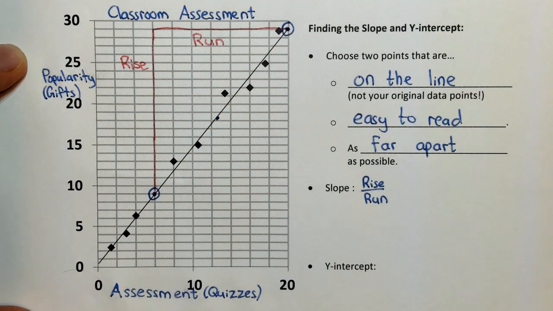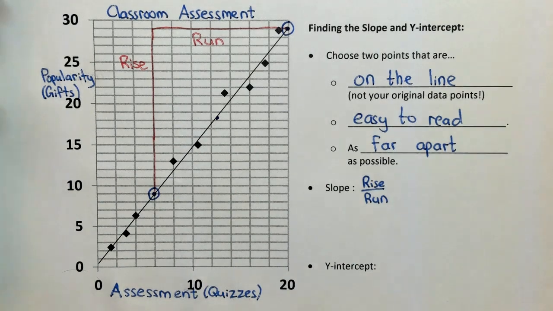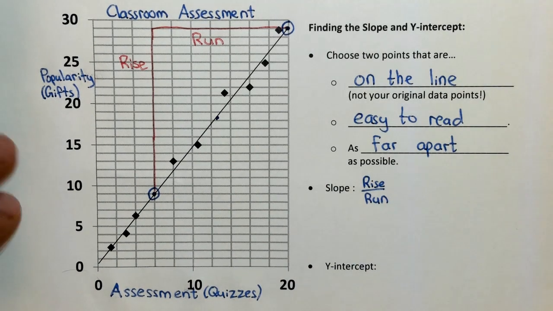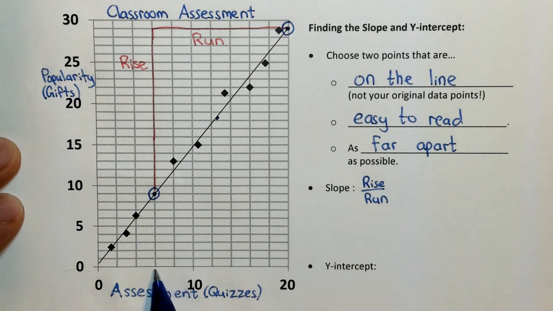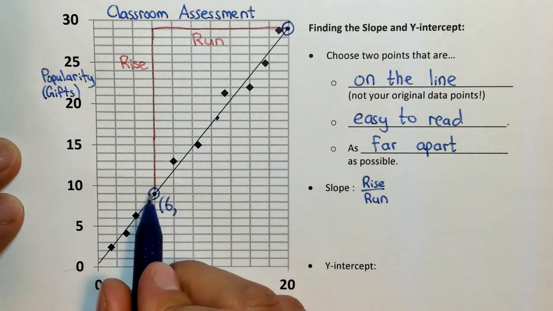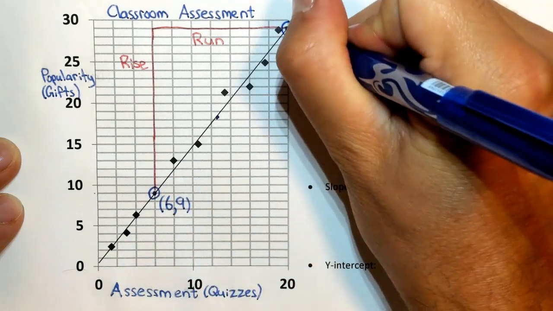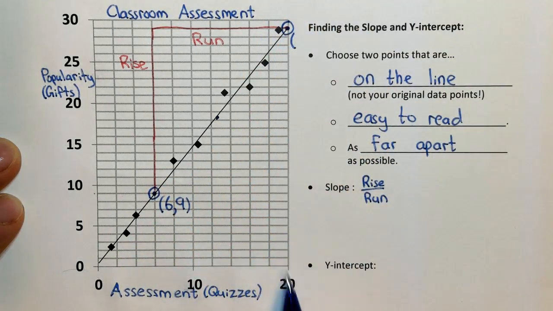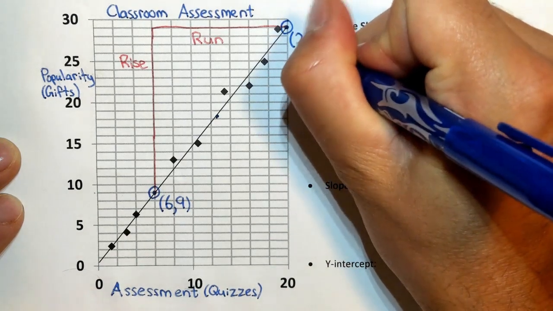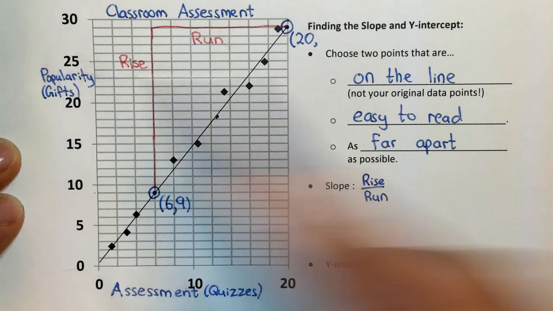We can count out what the rise and the run are, but first it might be useful to actually know what these coordinates are for the 2 points I've selected. This point looks like it's got an x-coordinate of 6 and a y-coordinate of 9. My second point seems to have an x-coordinate of 20 and a y-coordinate of 29.